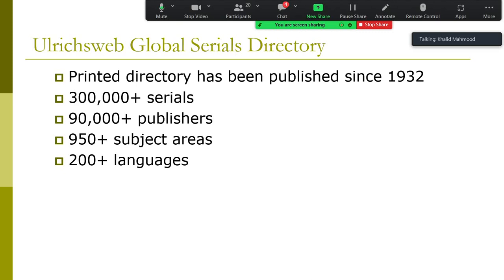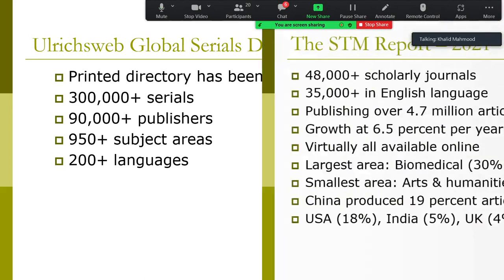It has more than 300,000 serials published by more than 90,000 publishers. These serials include research journals as well as other magazines and newspapers. It covers more than 950 subject areas and more than 200 languages of the world.